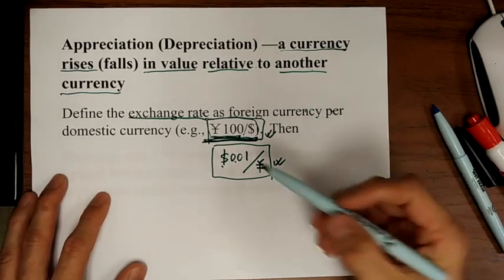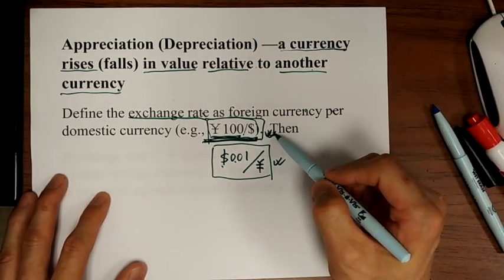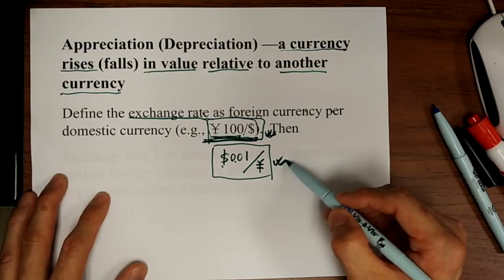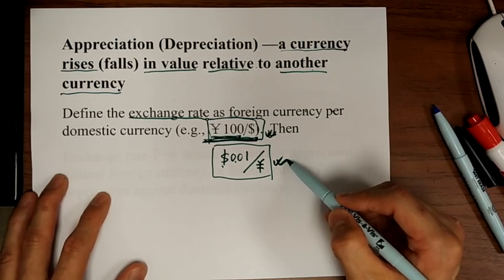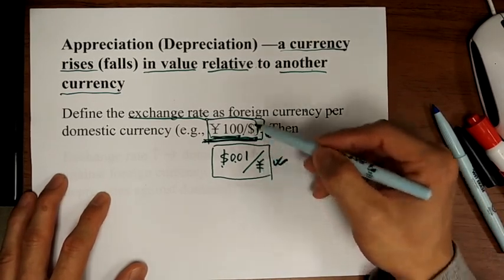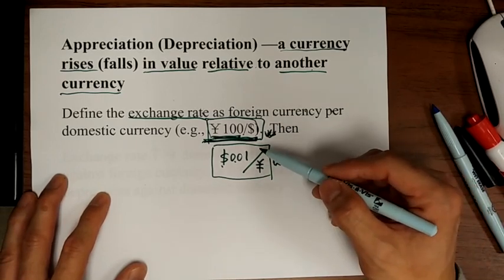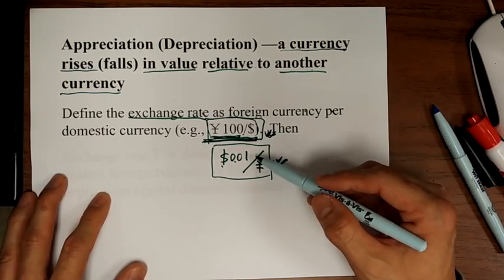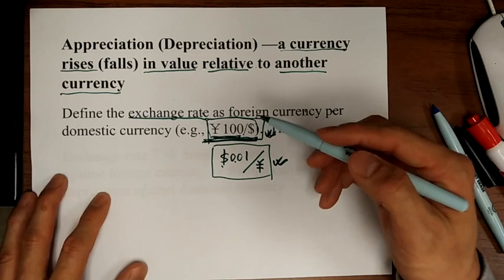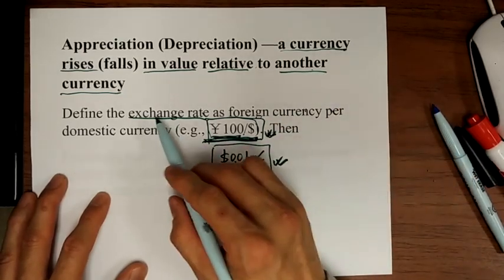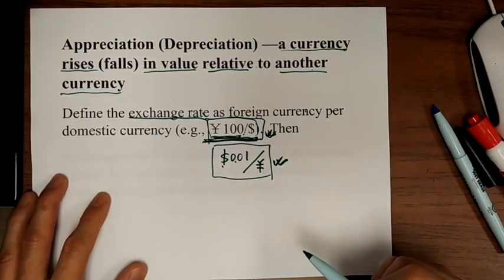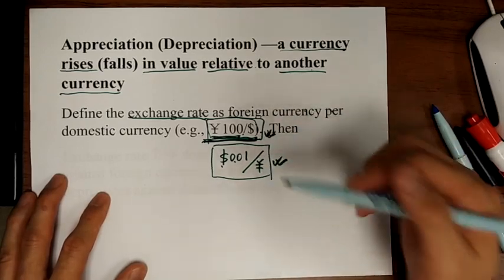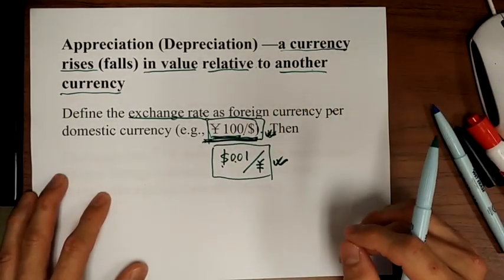On the newspaper, sometimes you see this definition. Sometimes you see this definition. But it's totally opposite, right? Therefore, you have to be very careful. When you're doing analysis on exchange rate, you have to first know how exchange rate is defined. Otherwise, the analysis will be totally opposite.